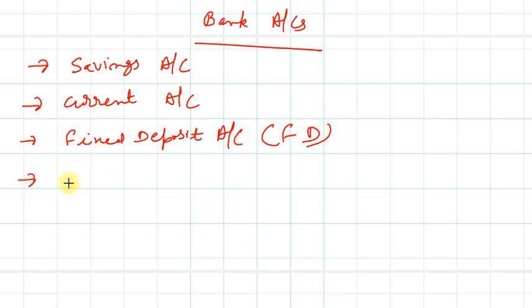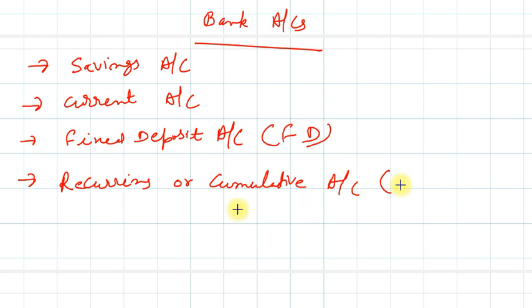And number 4th is recurring or cumulative account. In short, we call it RD, recurring deposit.